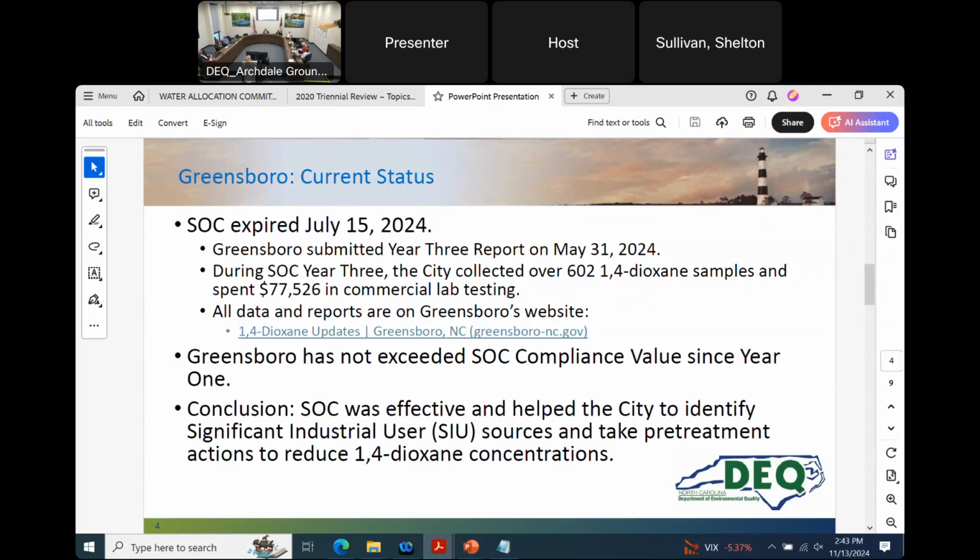All the data and reports are on the Greensboro website. Greensboro has not exceeded the SOC compliance value since year 1. They have not exceeded the 23 that I'm aware of at all. Conclusion: the SOC was effective and helped the city to identify significant industrial users and take pretreatment actions to reduce 1,4-dioxane concentrations.